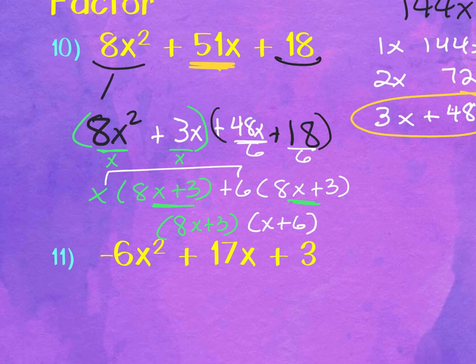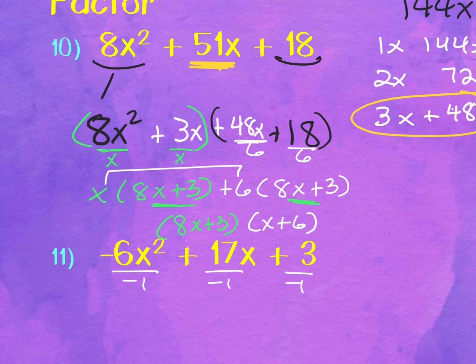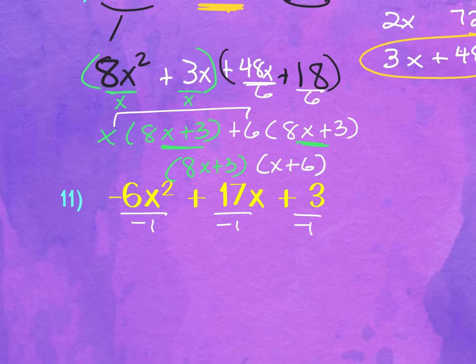So when you're asked to find the x-intercepts or the zeros or the roots, we want to leave our leading coefficient, that a term, positive. So in order to do that, I'm going to factor out a greatest common factor of -1. So I'm going to divide everything by -1 to make that x squared term positive. It's going to help us later on in the school year.